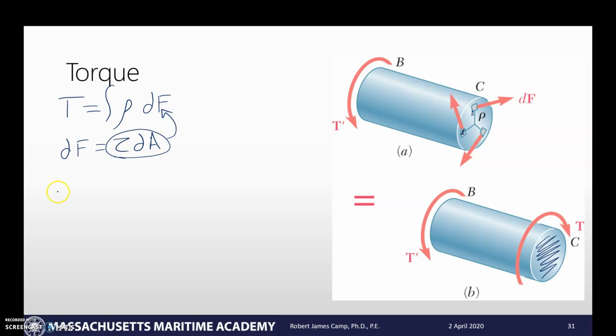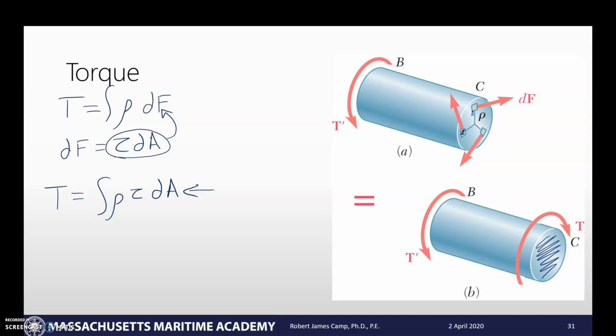Then our torque is going to be equal to the integration of all of those radii times the stress dA. We'll be coming back and using this equation a little bit later. So we know that our internal stresses will have to be shear stresses because I am twisting things. I'm sliding. So not a normal force. That's an important thing to remember.